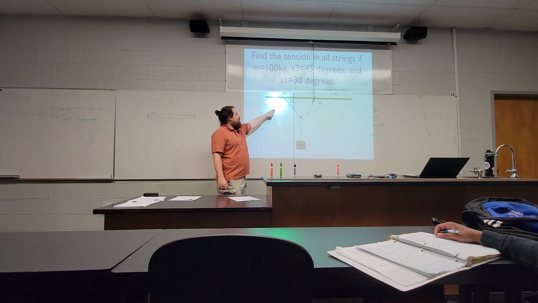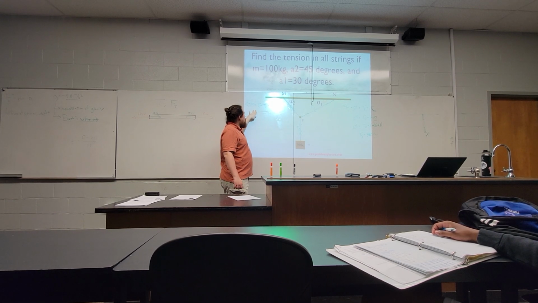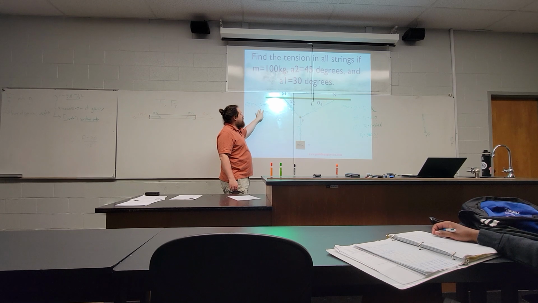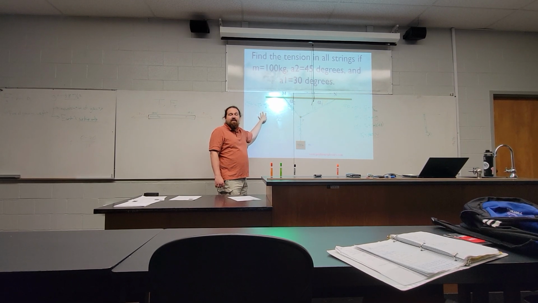So we now have a number for T3, which is great, but that would still leave 2 unknowns in here. Furthermore, if we had a number for T1 or T2, could we use this formula to figure out the rest of them as it's currently written?